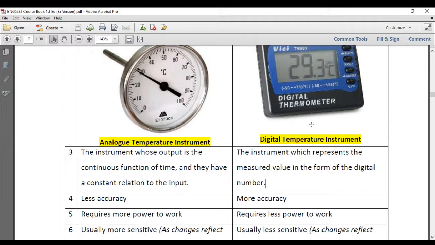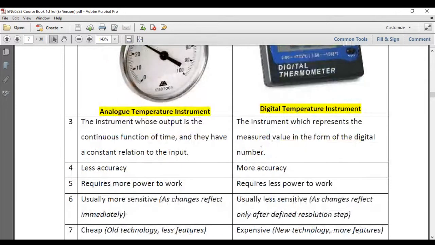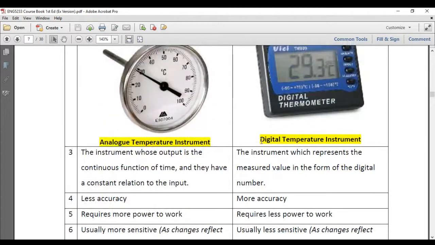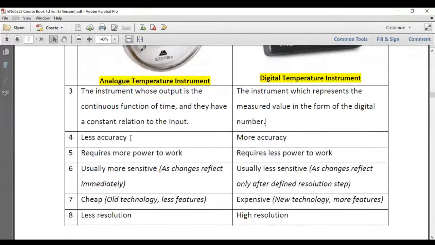So after every change of 1 kilometer per hour, it will give you the next reading. In between, it will not show. So if you want a higher resolution, then you have to redesign your speedometer, which can show the in between readings of 0.1, 0.2, 0.3, all the way up to 0.9 and 1, and similarly further. So that's the difference between the analog and digital meters.